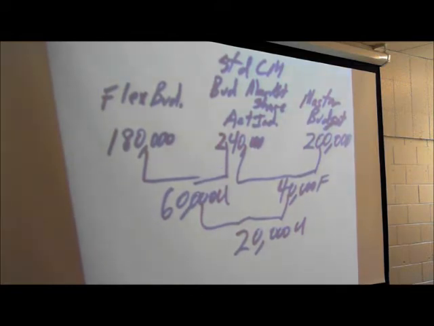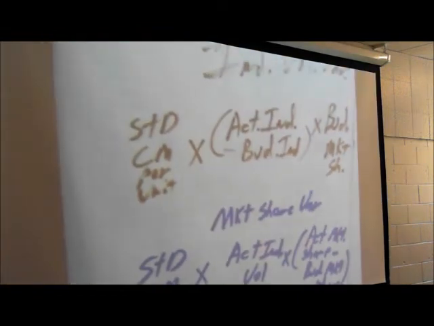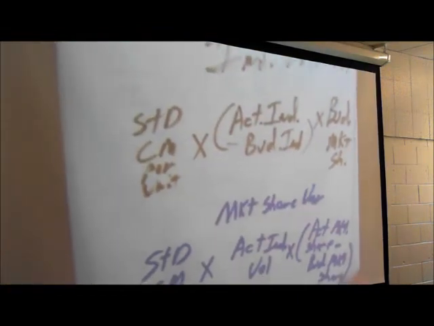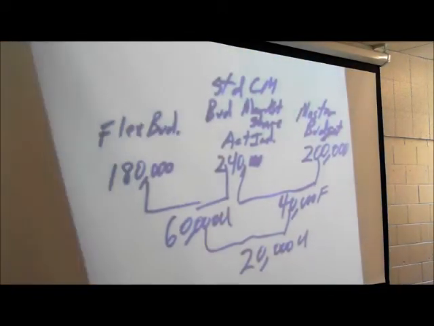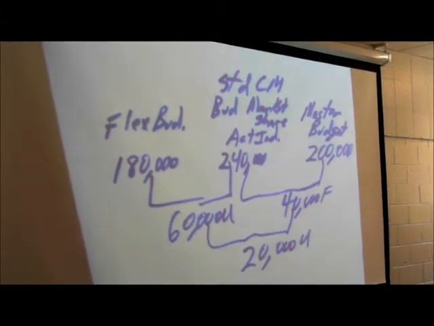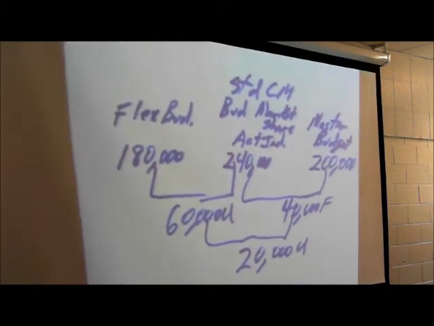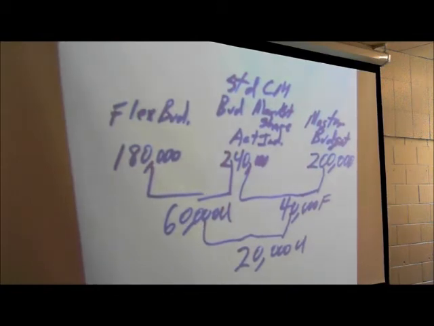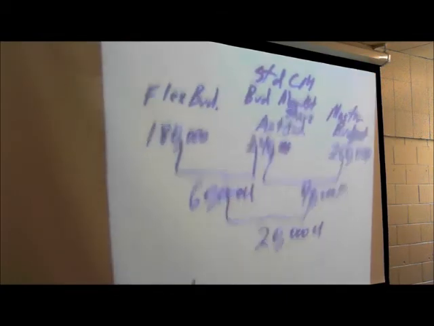That's one way to do it. Now, let's go back to our formulas. Remember these? Now, if we're doing industry volume variance, which we know is 40,000 favorable right off the bat. Again, you say, how are we getting that? Well, we said we take our standard contribution margin was $4, right?